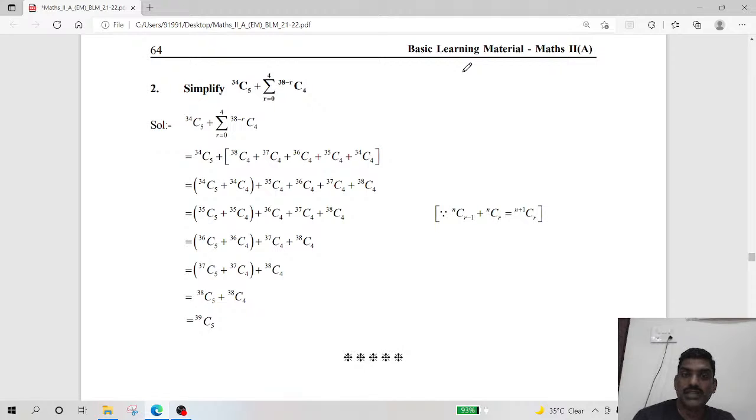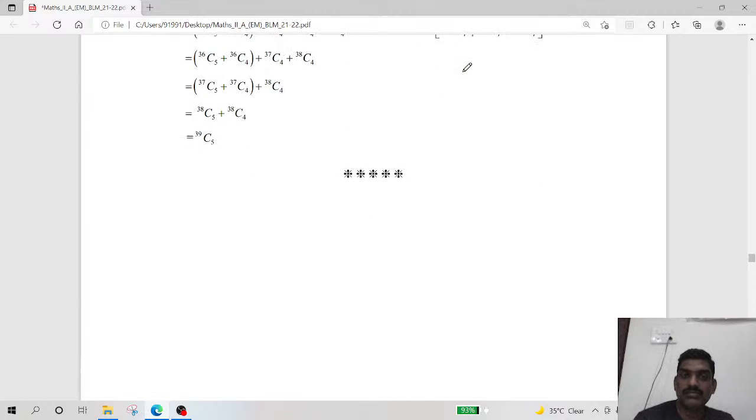Next, question number 2. Same model. That's it. Concentrate on long answer questions.